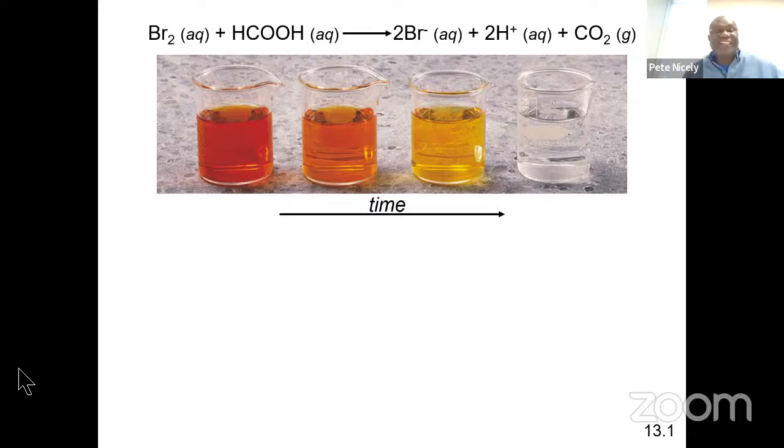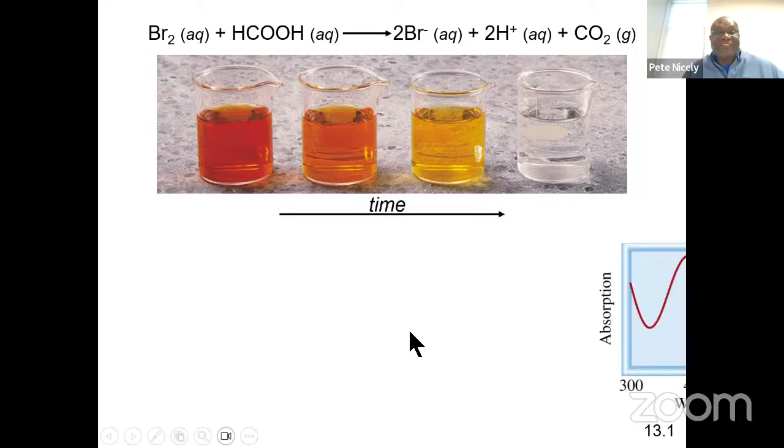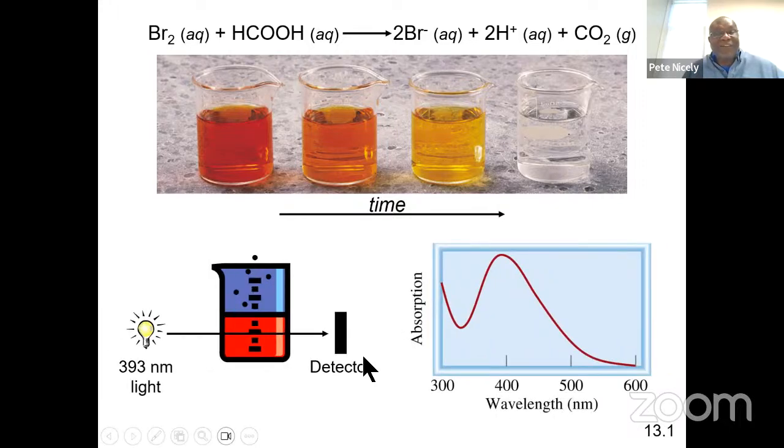It's called a spectrophotometer. To give you a simple idea about how it works, you pick a light source, and they're designed such that you can change the wavelength of the light you're using. You have to choose the wavelength that the bromine will absorb maximally, and that can be obtained from this plot of absorbance versus wavelength.